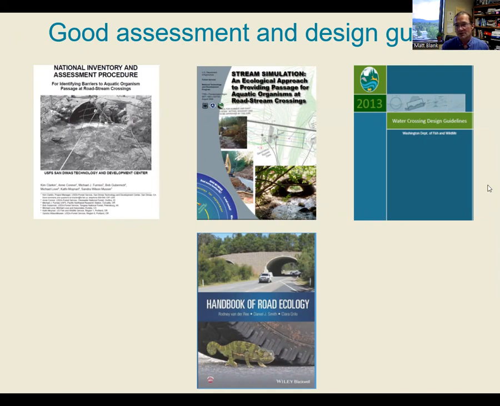For designing new structures, there are 2 examples of design documents right here and here. Here's the stream simulation approach, an entire free 700-page design document with tons of examples. It's a really, really well done document. So is this. And then as a more general road ecology, terrestrial, aquatic, all-considerations guidance document and information source, this handbook here.